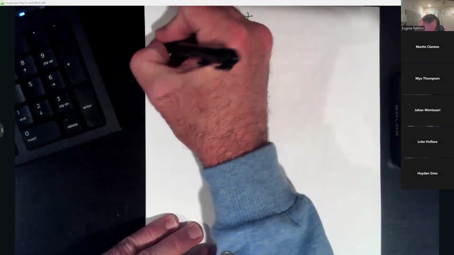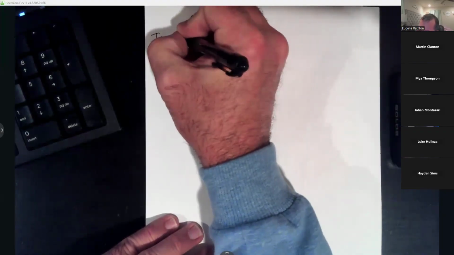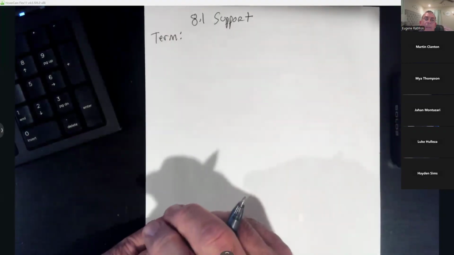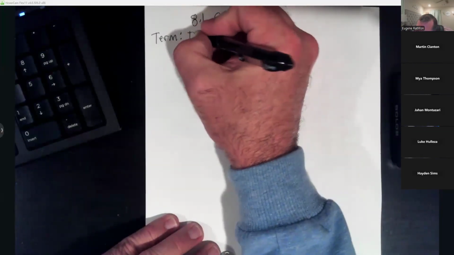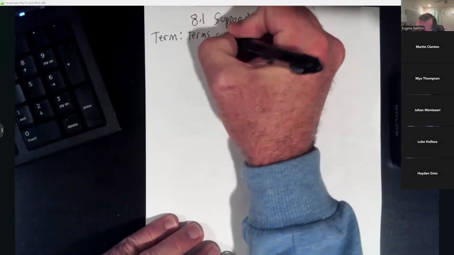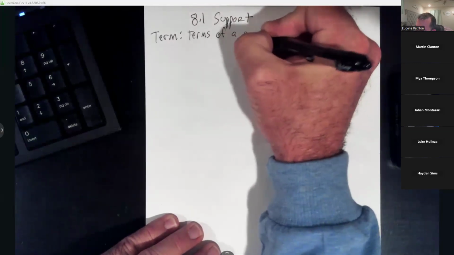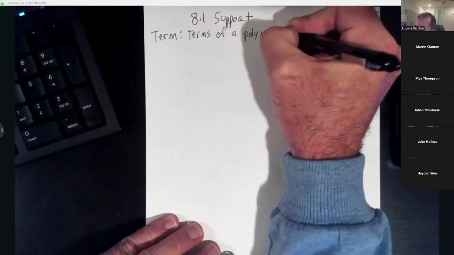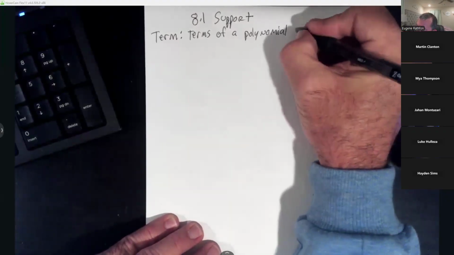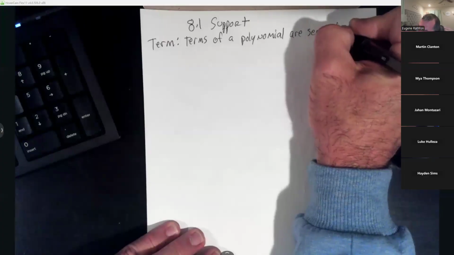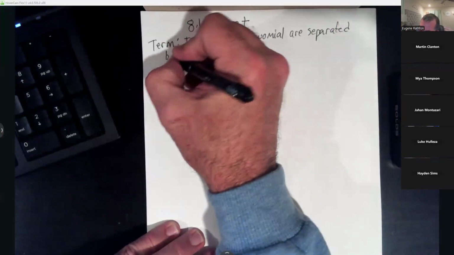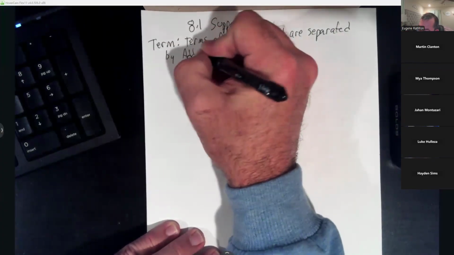So the first definition is a term. Like I was showing you a while ago, the terms of a polynomial are separated by addition and subtraction.